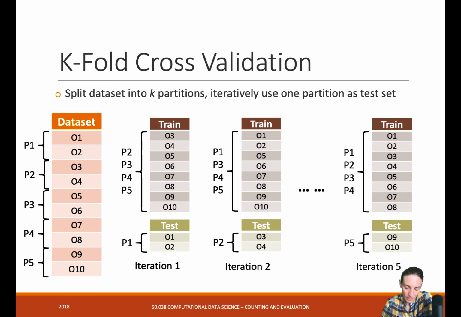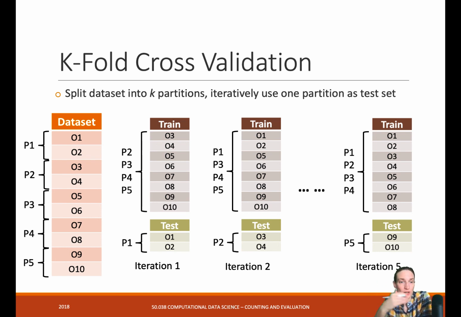And we do all possible combinations. In 10-fold cross-validation, we have 10 possible combinations. For each of these, we get results on the test set, and we average these. This is a very, very robust and really honest way of testing how well our model works.